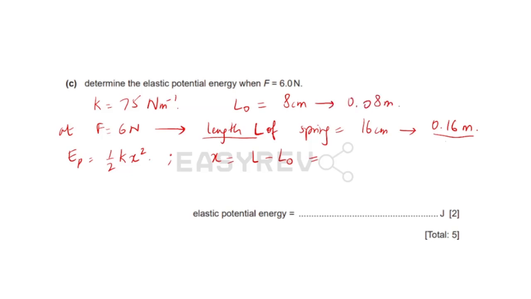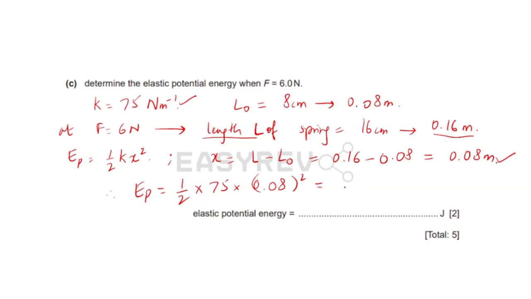So the extension at a force of 6 newtons would be 0.16 minus 0.08 meters, and that is equal to 0.08 meters. So now that I have my extension and my spring constant, I can easily evaluate the elastic potential energy. Half times 75 times 0.08 whole squared, and plugging everything in, your answer should be approximately 0.24 joules, right?